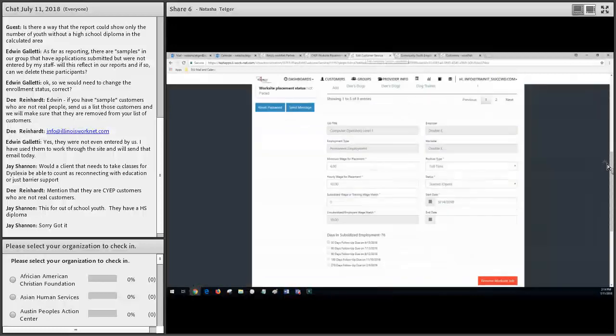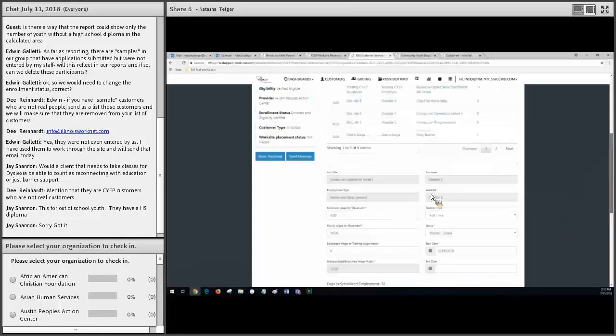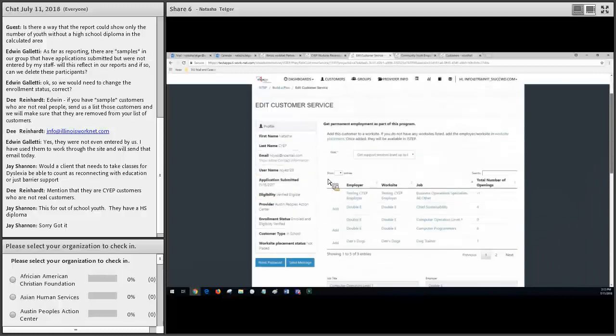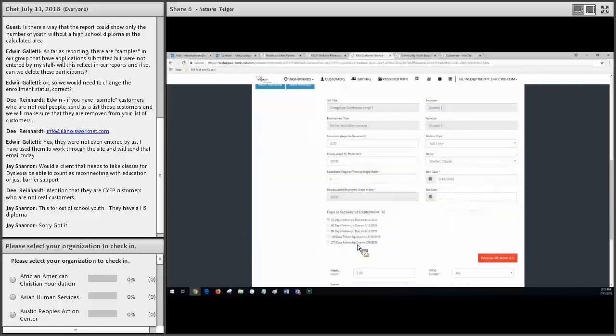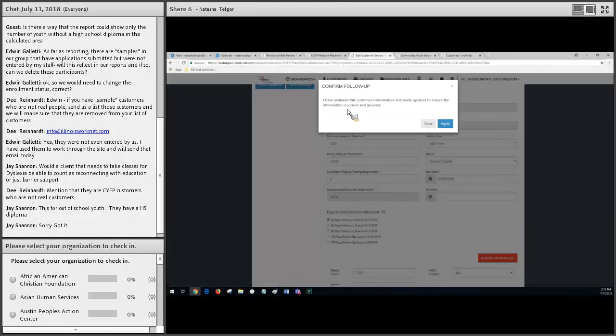So then for this area, it's the verified employment. And so you can do this through the ISTEP as well. When you go into the person, I selected the service. I have other information, in this case so that they're no longer subsidized, and so that it tells me approximately when I need to do the follow-up.